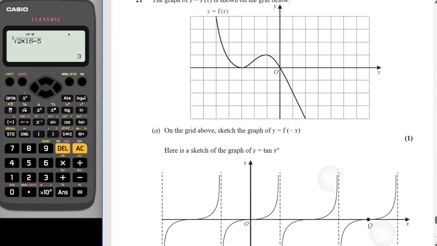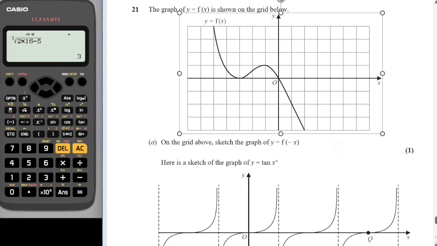So that point is going to move to, let's try, there. That point will be an invariant point. That point will move to there. That point would move to there. And then that point would move to 2, 4, 5.